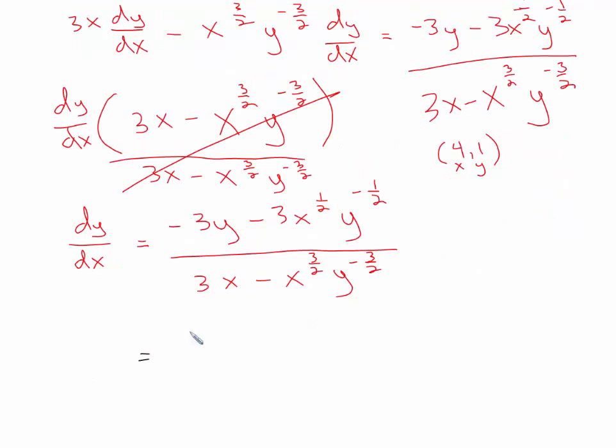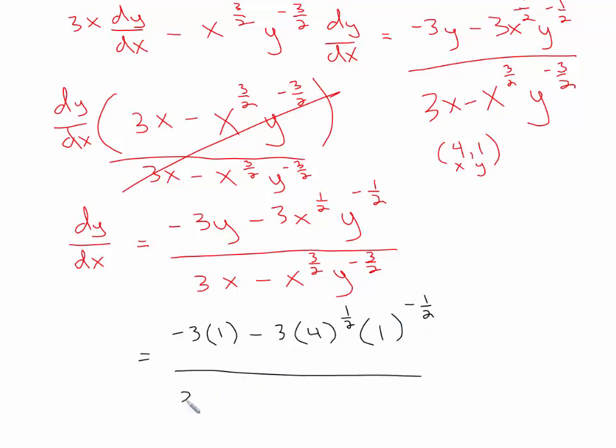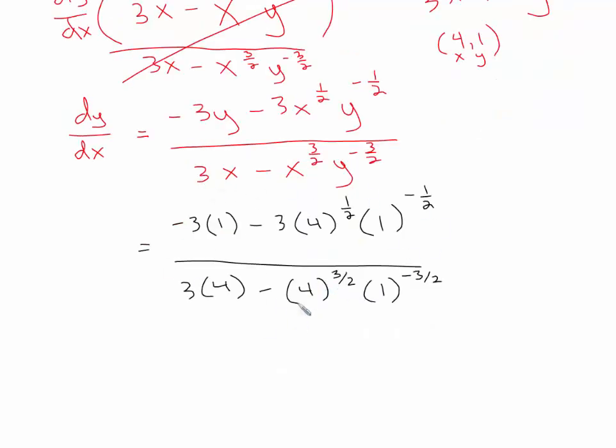Okay, so to find the slope now, we have negative 3 times 1 minus 3 times 4 to the 1/2 power times y to the negative 1/2 power, all over 3 times 4 minus 4 to the 3/2 power times 1 to the negative 3/2 power. Alright, so we're going to evaluate this.